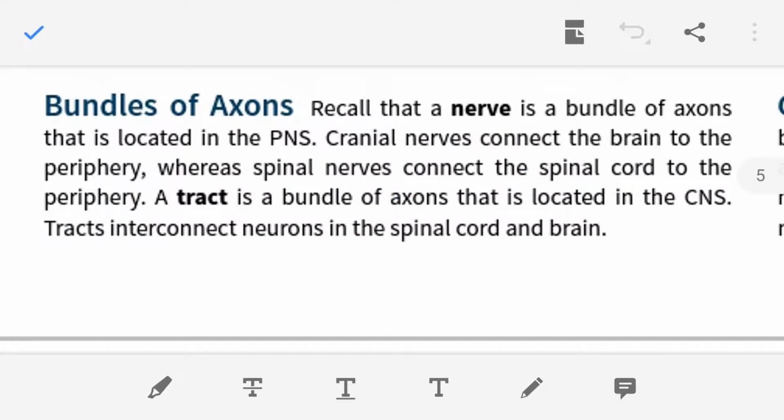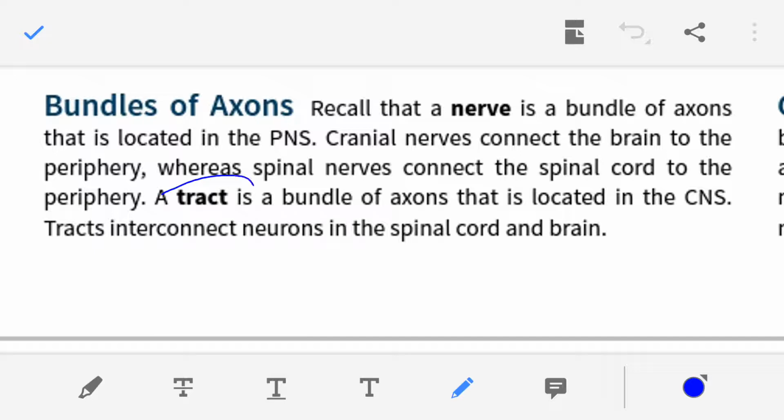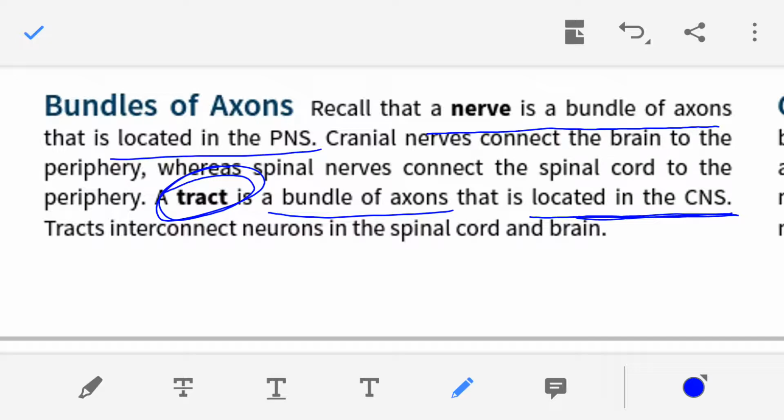Okay, now what is a tract? So a tract is a bundle of axons, and a tract is located in the CNS. Whereas a nerve is a bundle of axons located in the PNS. A tract is a bundle of axons and it is located in the CNS.